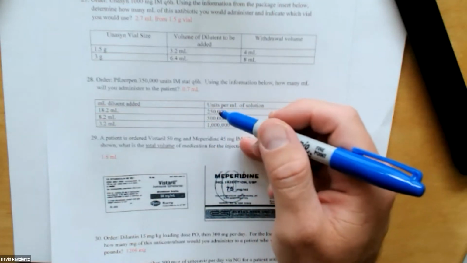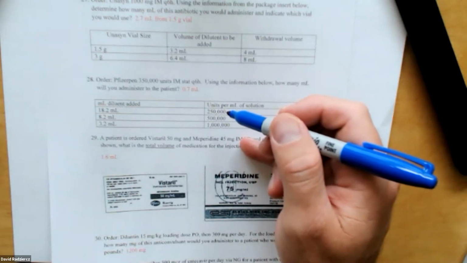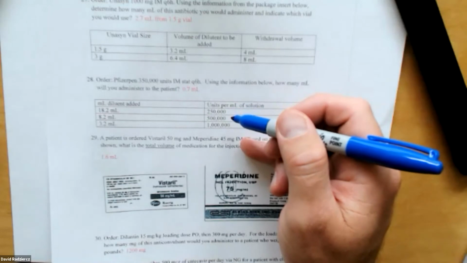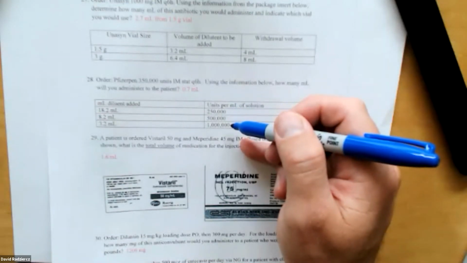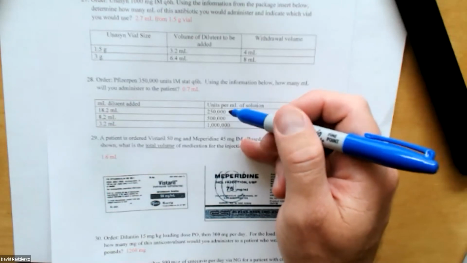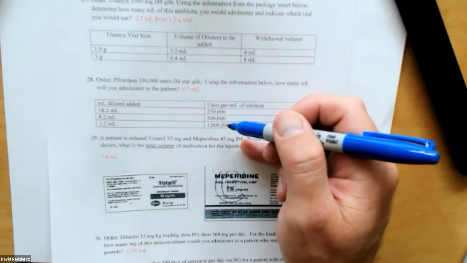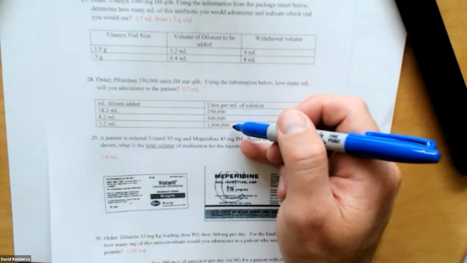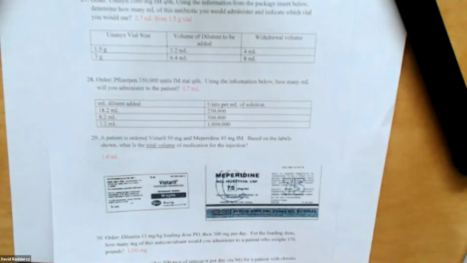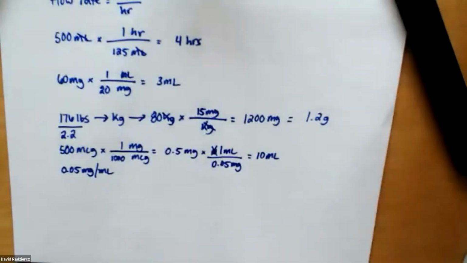So if the pharmacy wanted to make 250,000 units per milliliter for a weaker, mid-range dose, then the strongest dose would be the 1 million units per milliliter. There'd be different reasons to choose different strengths. But since the question tells you to choose the strongest concentration, that's why we're using the 1 million units per milliliter solution.